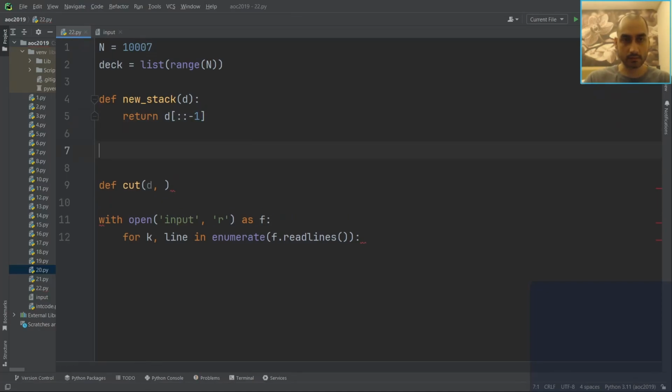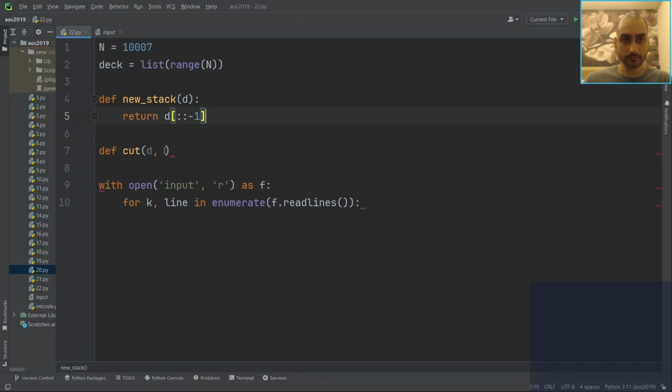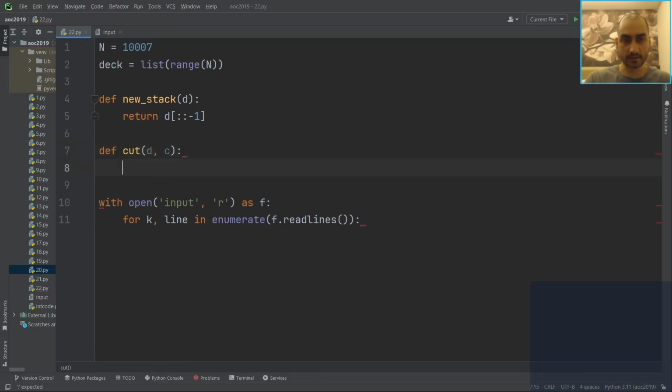Okay, so for amount C, if it's negative, we actually want n plus C and then modded.